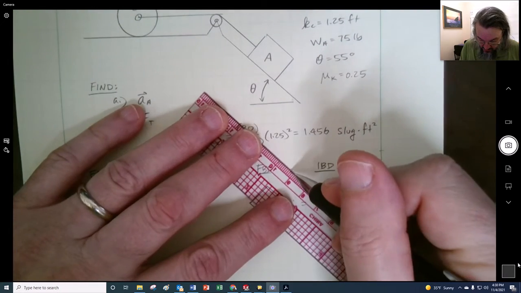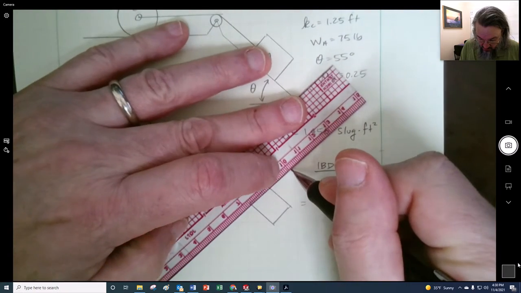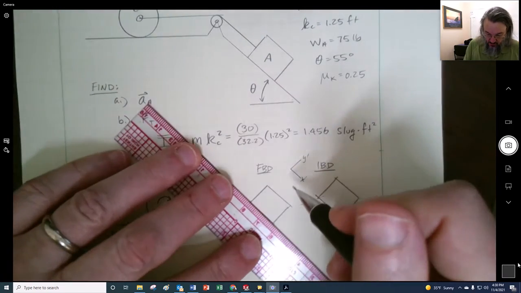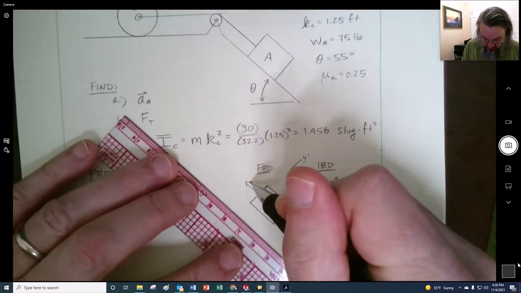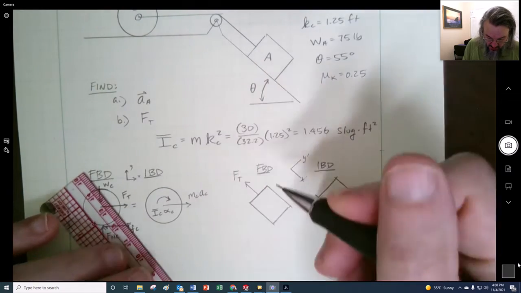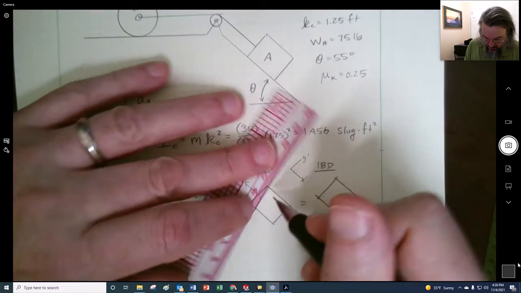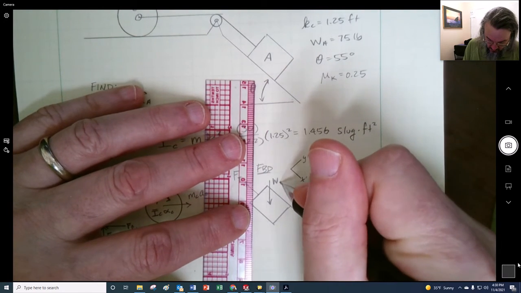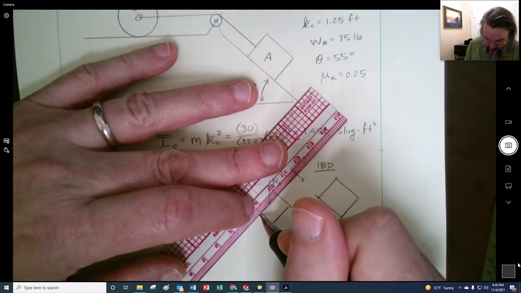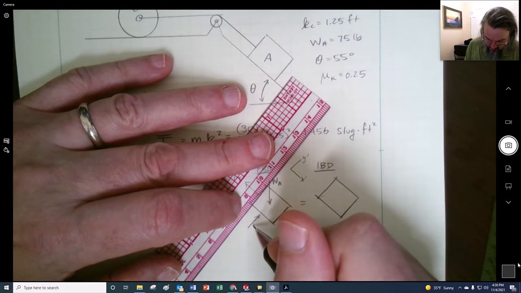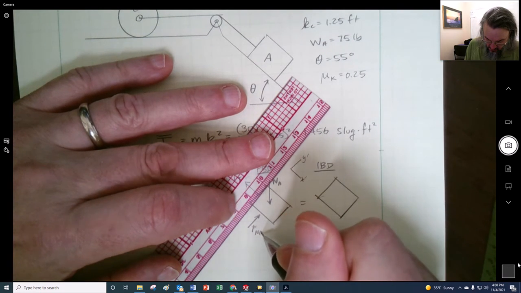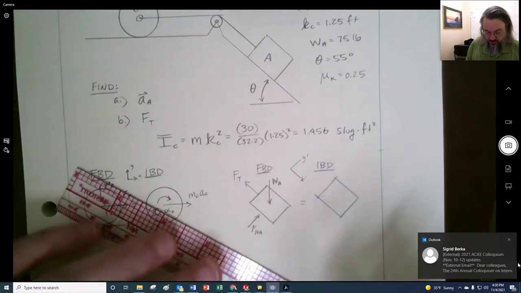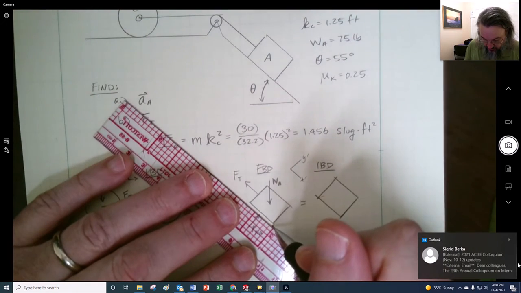And let's see. I'm going to go ahead and make a rotated coordinate system, if you'll recall doing this, the X prime and the Y prime. And we have a cable tension, F_T, right there. We will also have the weight of A. We'll have a normal force of A. And this is going downwards, so the friction is opposing it.